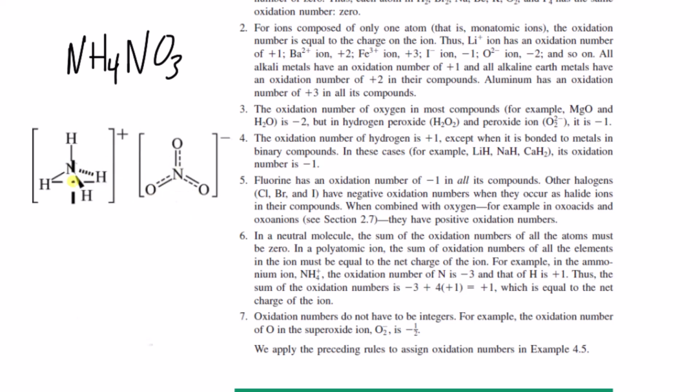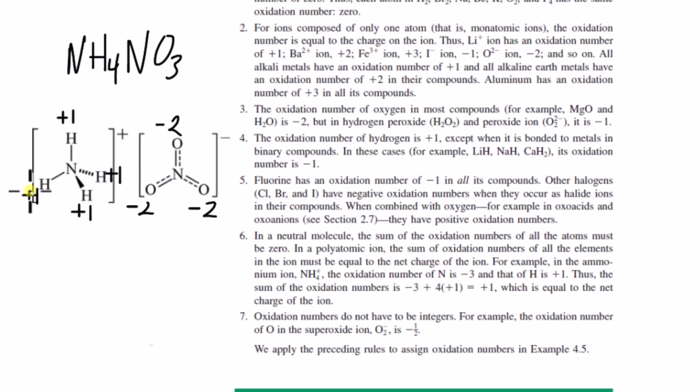And so you can see how it makes sense how the nitrogens here could end up having two separate oxidation numbers. Okay, so these hydrogens are bonded to the more electronegative nitrogen, so they're going to have oxidation number of +1. For these oxygens, there's no cardinal rule overriding anything, so the oxidation numbers on the oxygens are going to be -2. Okay, now we can just apply the sum rule individually to each of these ions.